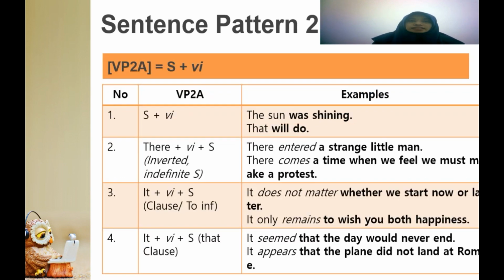Okay, the second sentence pattern, or we can say the VP2A pattern, we have the subject plus verb infinitive. Usually this kind of pattern shows that the verb is complete on its own. For example, when you have the children swim, it completes on its own.